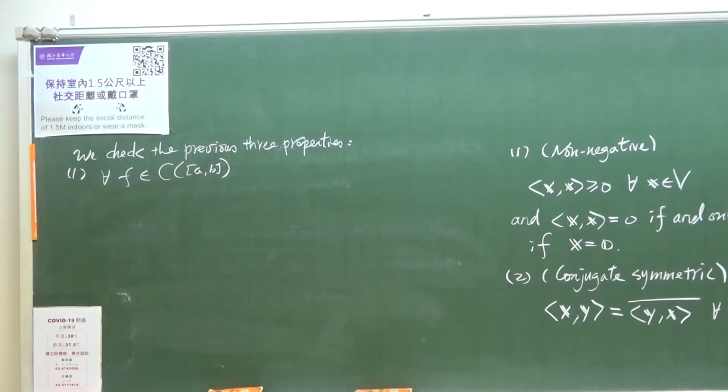And with the addition, it's commutative, associative, and 1 is the unit. So the scalar 1 multiplied with any function is the function itself. So we can check all the axioms for vector space are satisfied for this set. So of course it's a vector space.